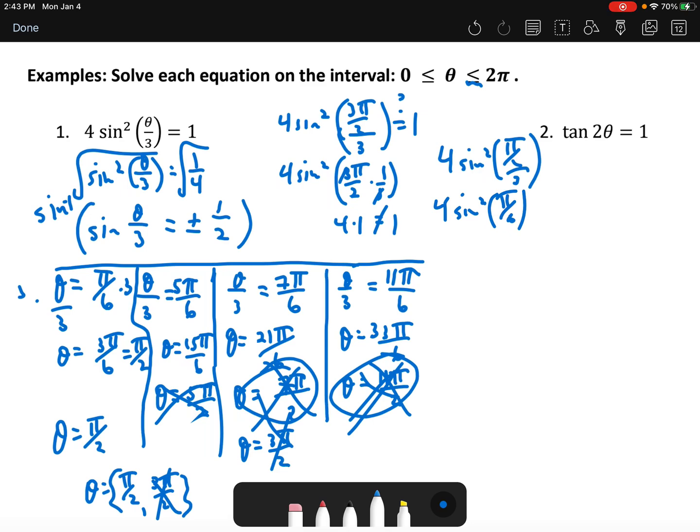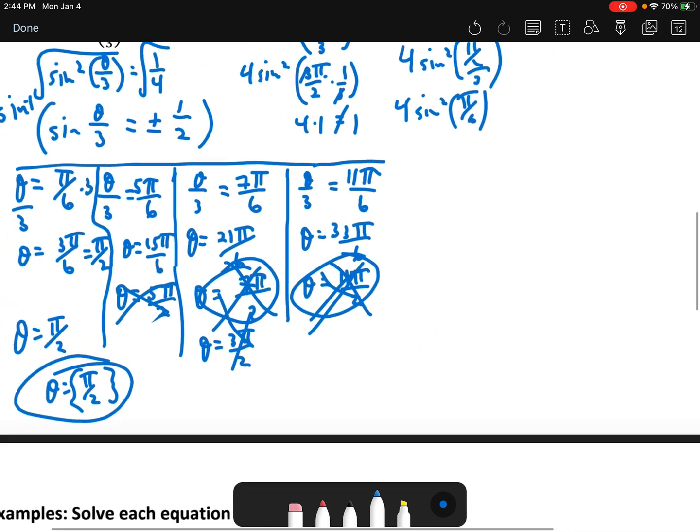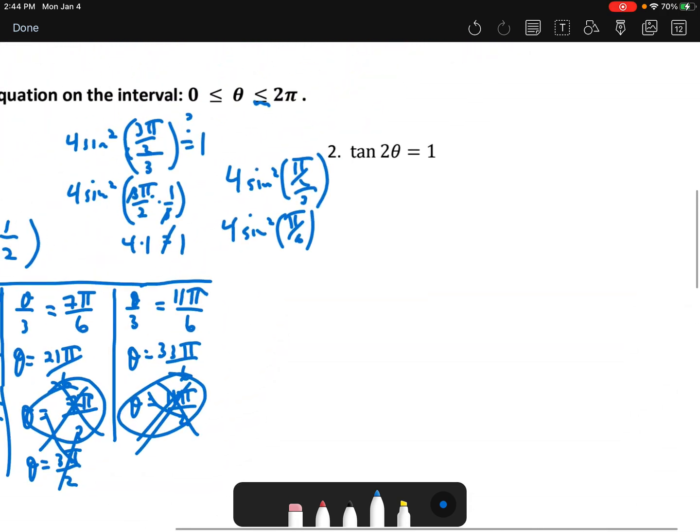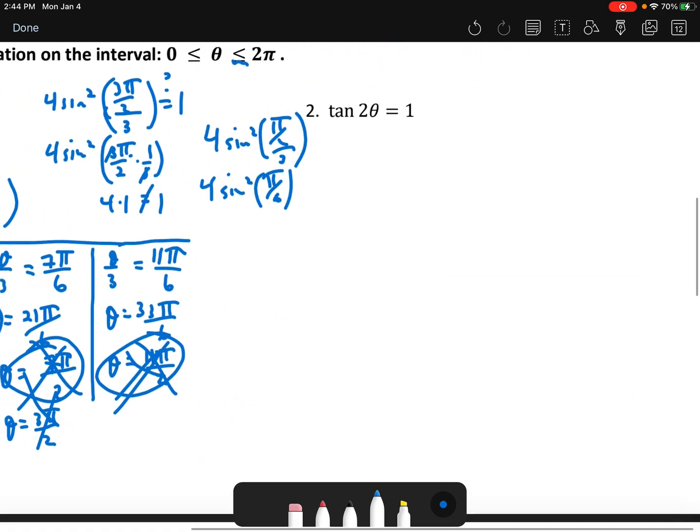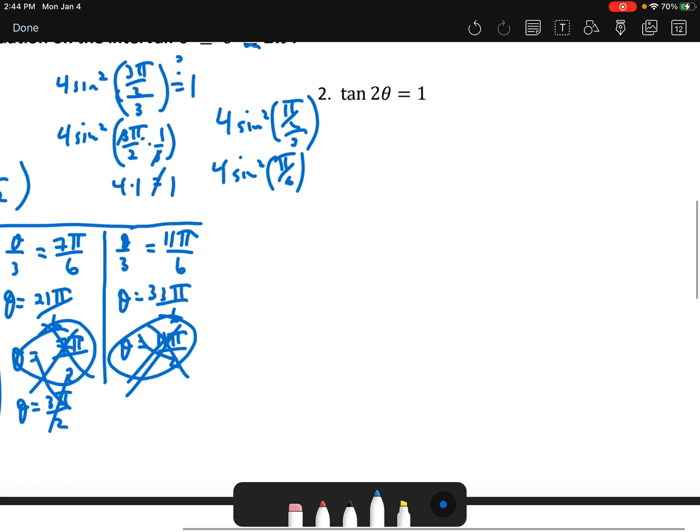So there's only one answer here. That's it, pi over 2. 3 pi over 2 did not work. We proved that. Oh, I forgot to square this. Oh, no, it worked, didn't it? No, sine of pi over 2 is 1. 1 squared is 1. It's 4. So that does not work. So that's our only answer. Confusing myself here. You're thinking, God, if he's confused, how confused am I going to be? You're all right. We'll figure this out together.